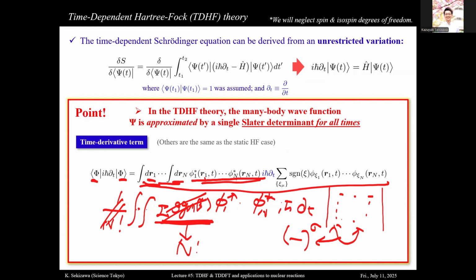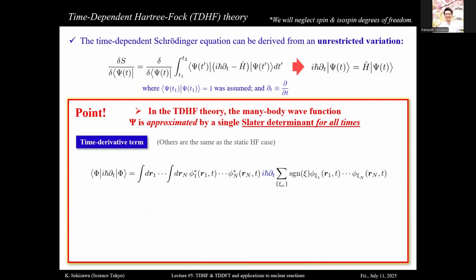So this was the first trick we used for taking the expectation value in the Hartree-Fock theory. We cancel this 1 over n factorial already, and the bra state is just the product phi 1 R1, phi 2 R2, up to phi n Rn. In between this bra and ket, you have this i h-bar time derivative, and the remaining part is a Slater determinant without this factor.